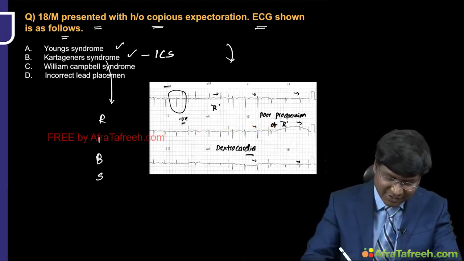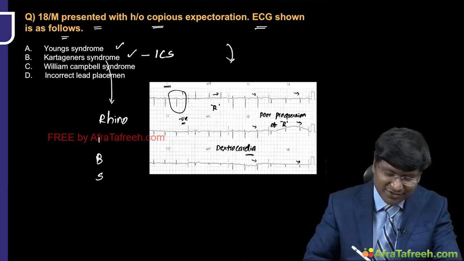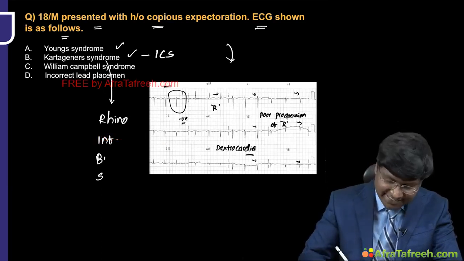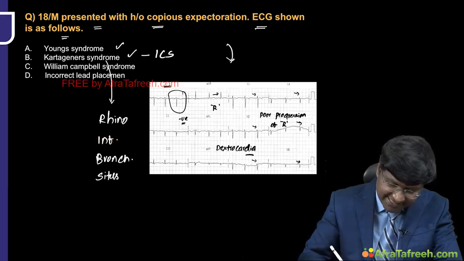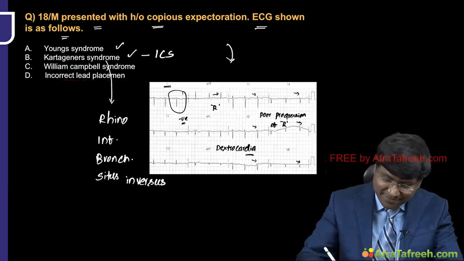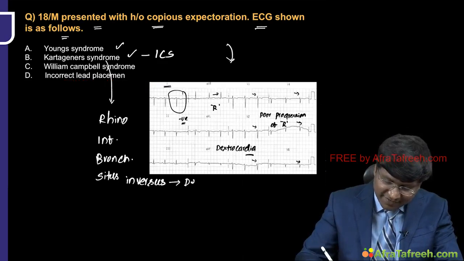What does RIBS stand for? R stands for rhinosinusitis, I stands for infertility, B stands for bronchiectasis, S stands for situs inversus. Right? Situs inversus. As a part of this situs inversus, you have the presence of dextrocardia, right? You have the presence of dextrocardia.